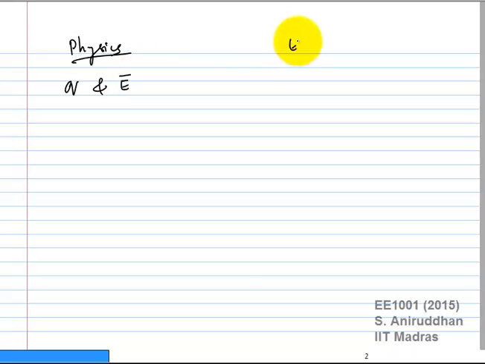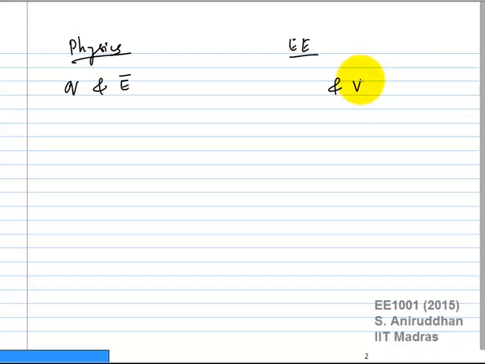So in electrical engineering, okay, we will replace these two quantities with something which can be directly related to them. So of course E, we have seen the electric field can be directly related to the voltage. What is the other quantity that can be related to the charge?